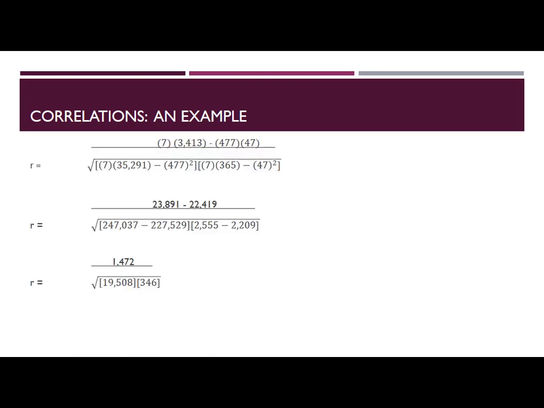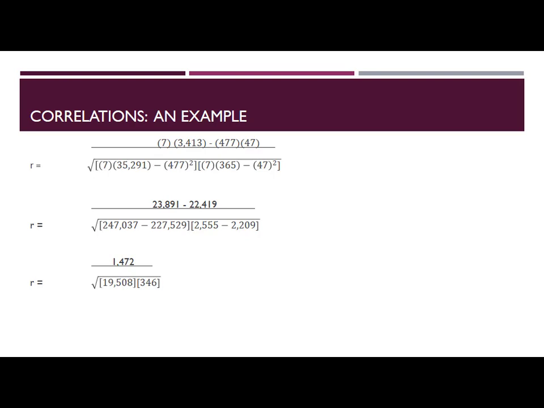Okay, so here's my values again from the top. The 7 times 3,413. When we boil these down, you can see that as I'm going in successive rows down, all I'm doing is the calculations. So between the first row and the second row, all I did was multiply on the top floor 7 times 3,413. And then I multiplied on the right side of the minus sign on the top floor 477 times 47.